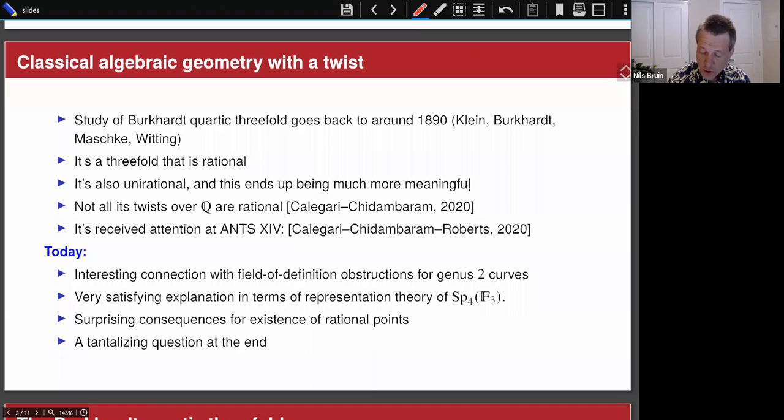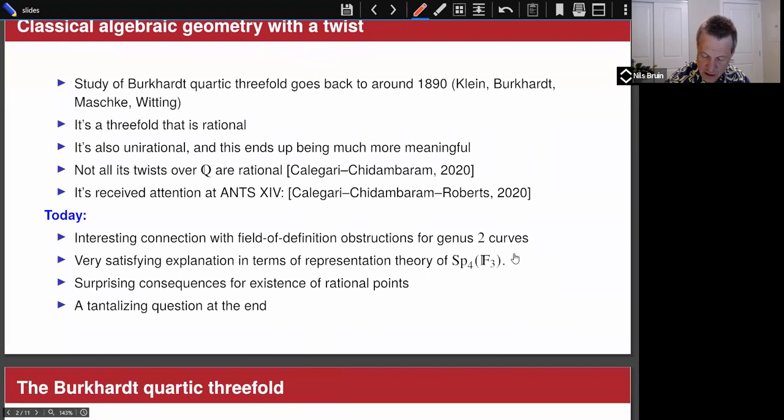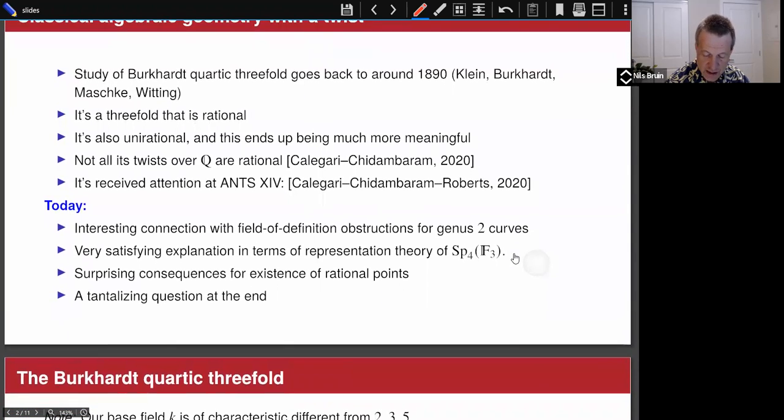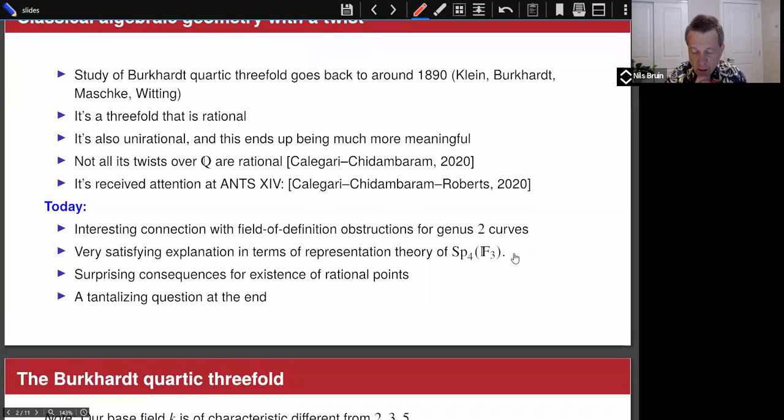And the Burkhardt quartic has already received a little bit of attention in previous ANTS, particularly the previous one, at 14 in 2020. And today I'll be looking at an interesting connection about these rationality questions with the field of definition obstructions that exist for genus 2 curves.